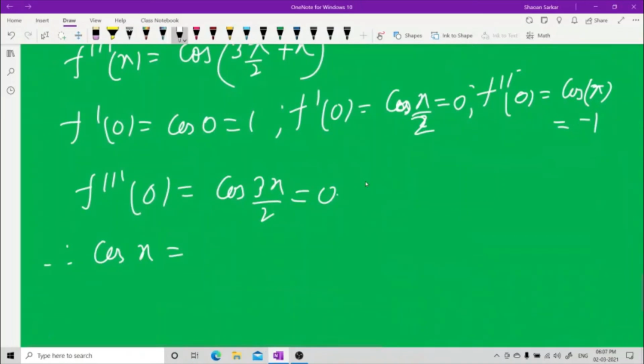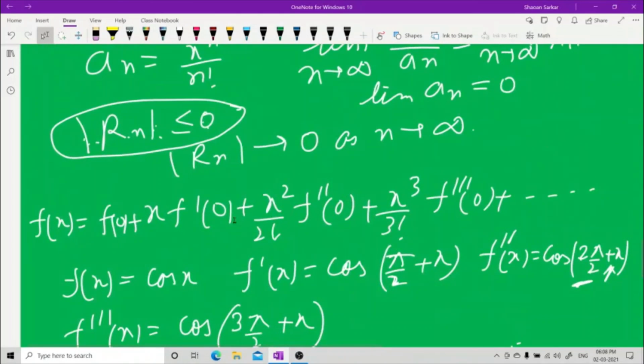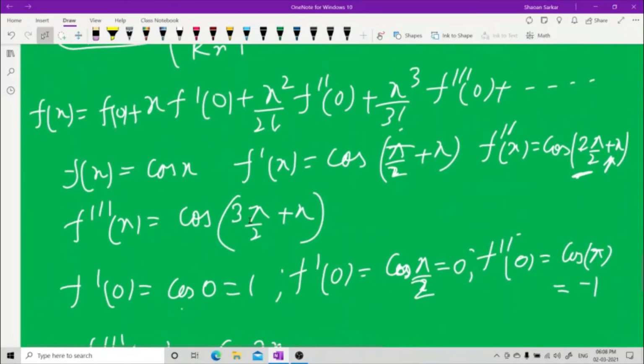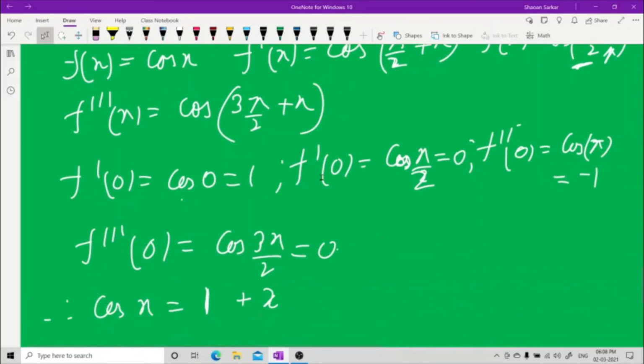Now cos x is equal to f(0), cos 0 is 1, plus x f'(0). What is f'(0)? f'(0) is 0.